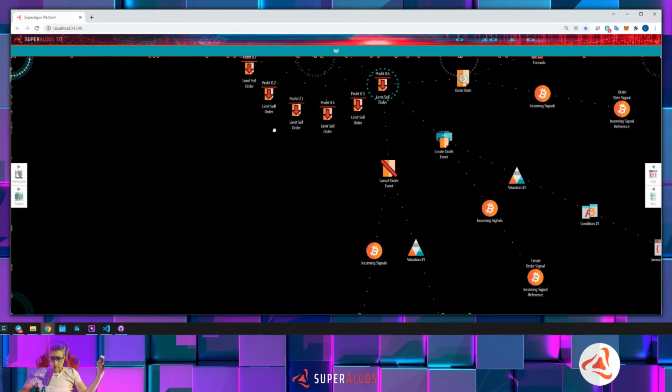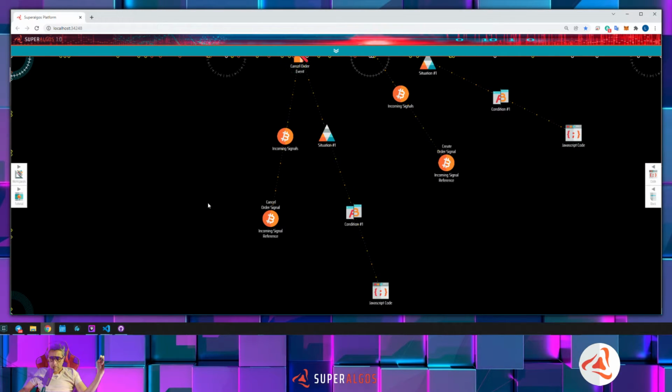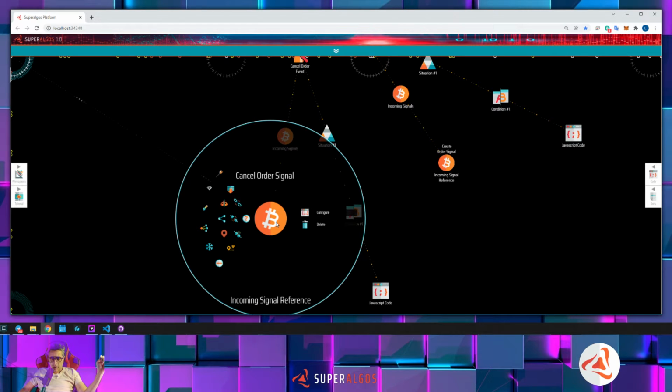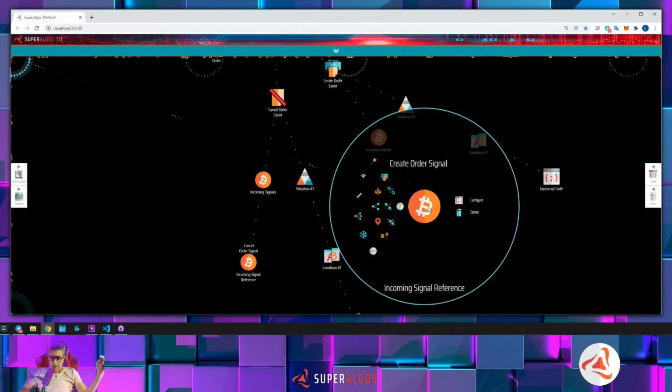Let's check this one. Okay, the node is here. Create order signal is here.